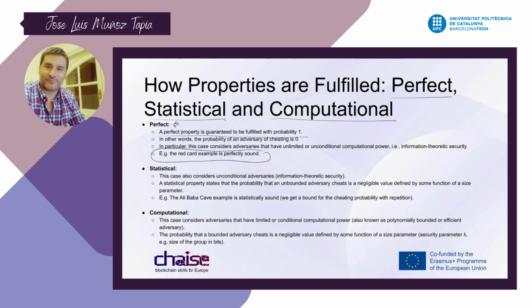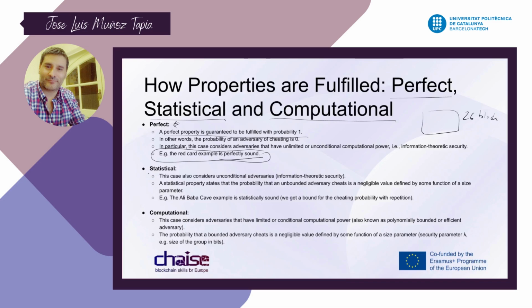As I said, in our example of playing with the red cards, our proof was perfectly sound. The probability that you cheat me is 0. If I go to the deck and I see 26 black cards, then with probability 1 the one that you have in your hand is red. So this is perfect.